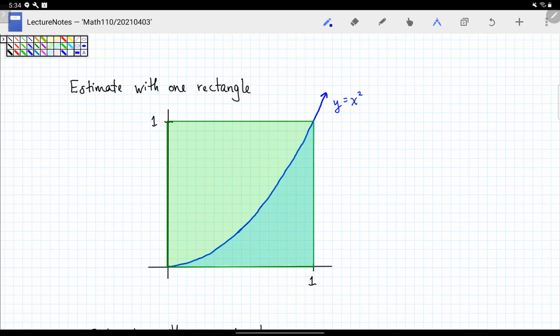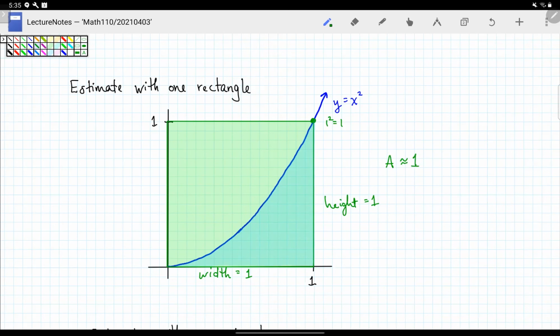So the width is equal to 1, and the height is 1, and I'm taking the y coordinate from the right endpoint of the interval. 1 squared is 1. So this would be an estimate of the area, approximately equal to 1.